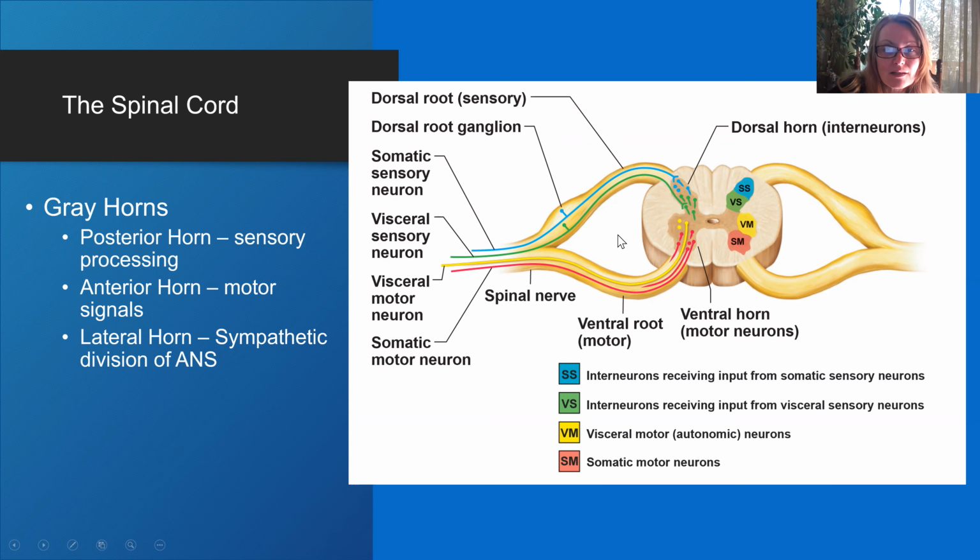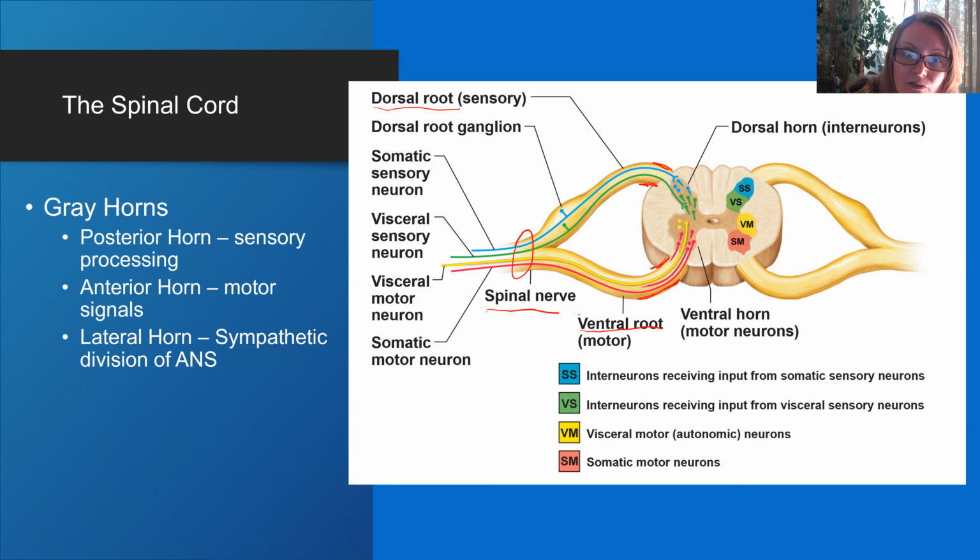So first of all, you see this structure, and this is called roots. So those are horns, and we have roots. This is the ventral root, and this one is the dorsal root. Then these two roots come together and form the spinal nerve, right?